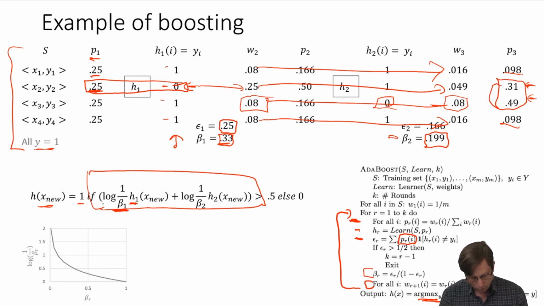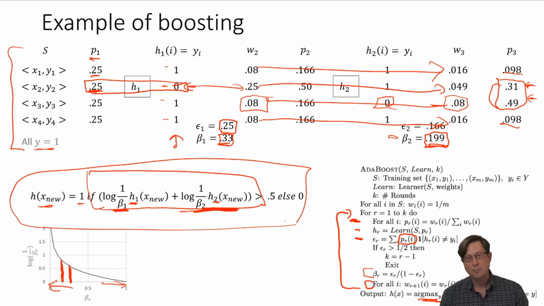So log of 1 over beta 1. Remember, that vote is larger the closer you get to a very accurate model, and it's smaller as you get to an inaccurate model. So in this case, it would be something around there. And then you would add in the vote of hypothesis 2 using beta 2, which in that case is a little bit smaller. So that second model gets a little bit bigger vote than the first model got. And that's how you would calculate the class label, by using this ensemble that you learned through boosting.